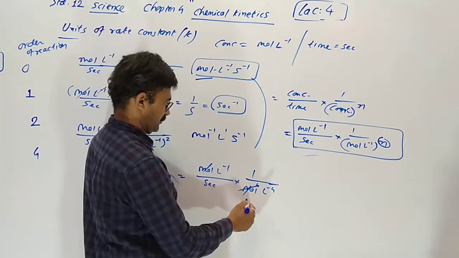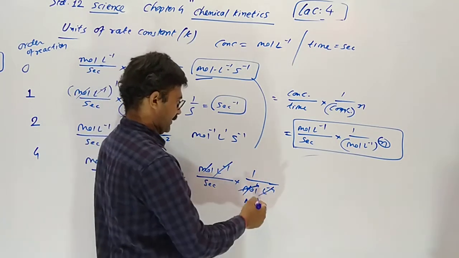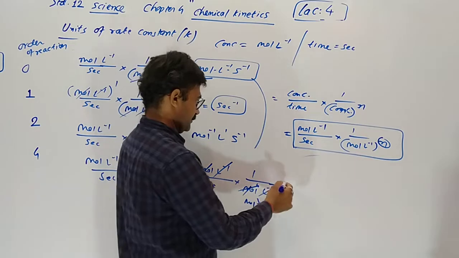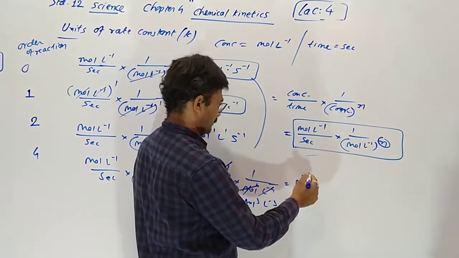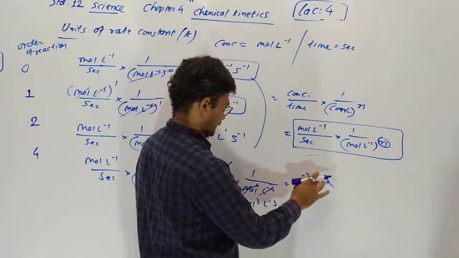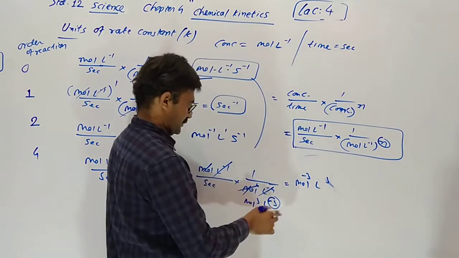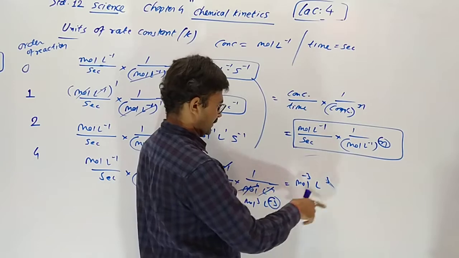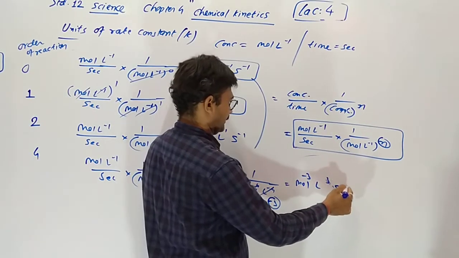Mole cuts, so mole raised to 3, one time liter cuts, liter -3. Moves upward: mole raised to -3, liter raised to 3. Now plus in minus converts, minus into plus, and second inverse.